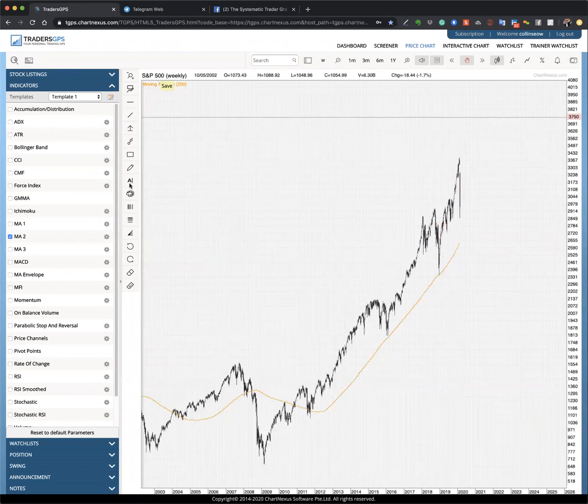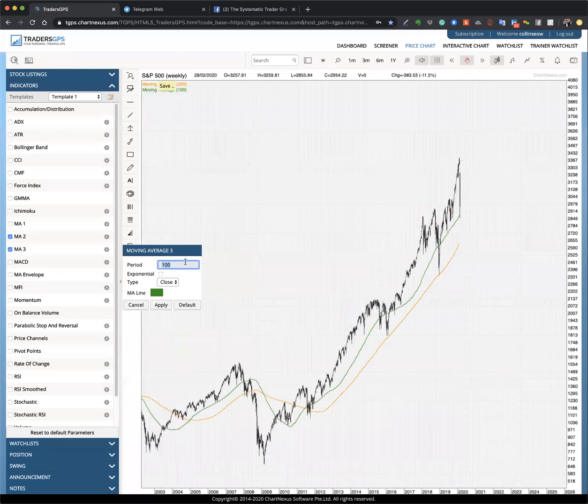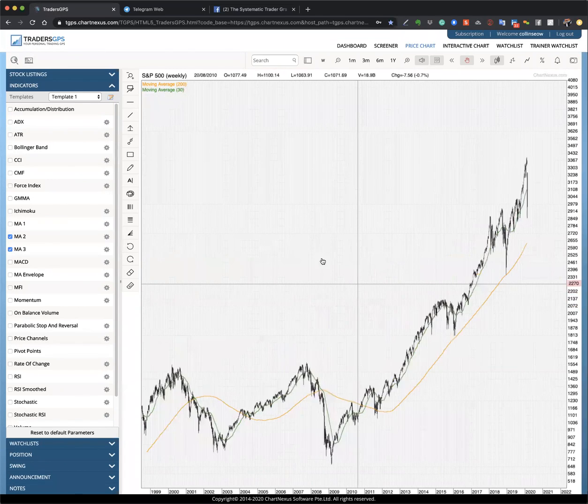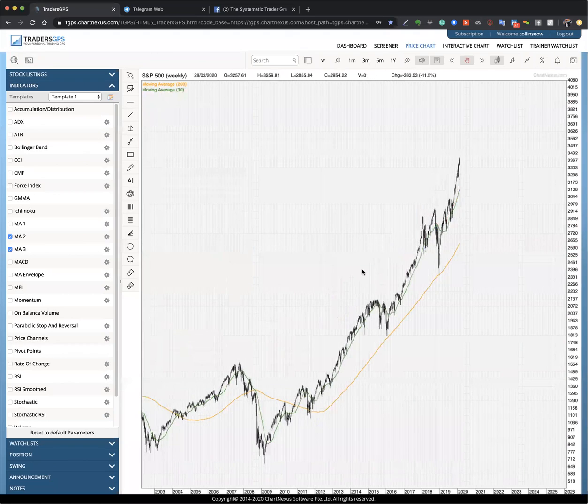The 30-week moving average has the same issue again with the slope. Let's say, for example, you use the slope, right? So when Mark talks about the 30-week moving average, there are other things involved instead of just looking at the 30-week moving average. Got it? Okay, this green line is the 30-week moving average.